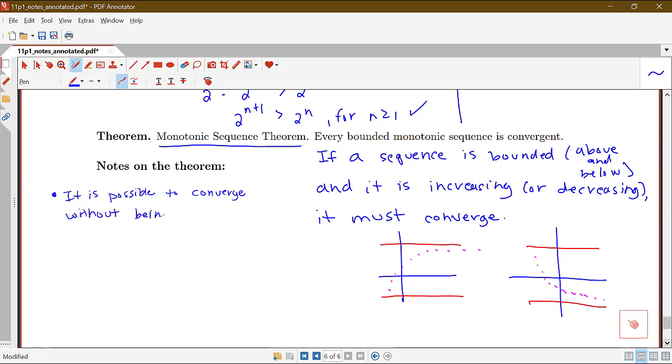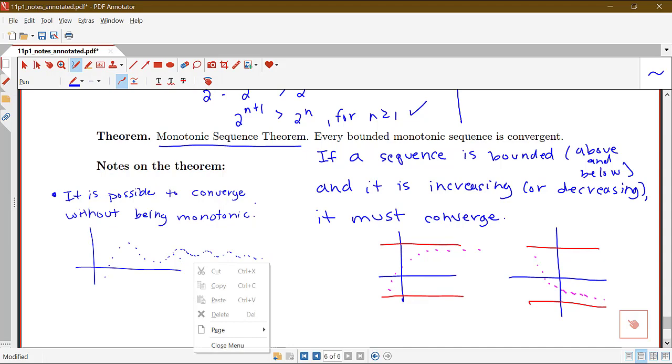We've seen this sort of situation before, because we can have something that oscillates, but the oscillations just get smaller over time. So we can have something that goes up and comes down, but then those oscillations start to get smaller, and it is actually converging to something.